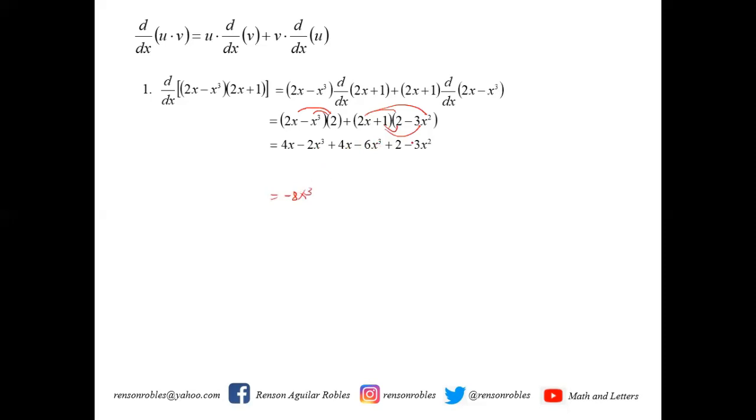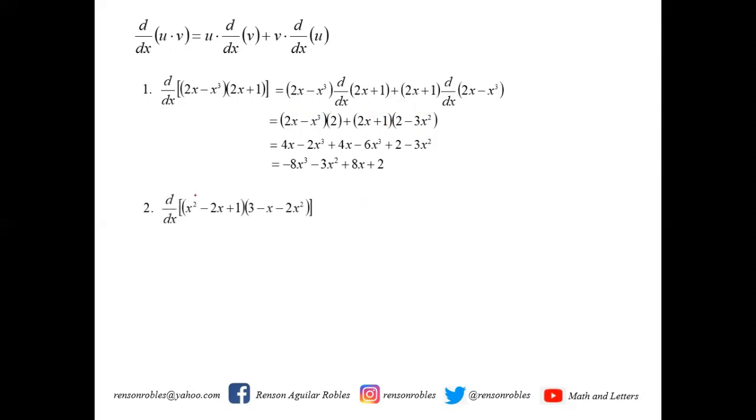And then minus 3x squared, and then we combine 4x plus 4x is 8x, and then you add 2 at the end. Then you have negative 8x cubed minus 3x squared plus 8x plus 2. Okay, next.